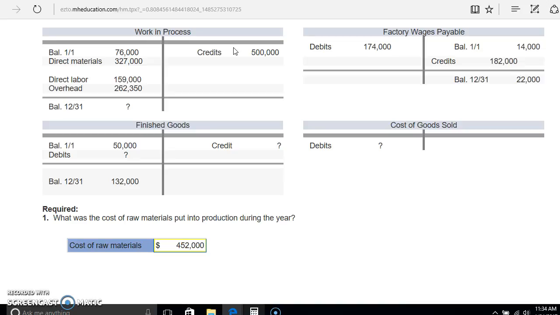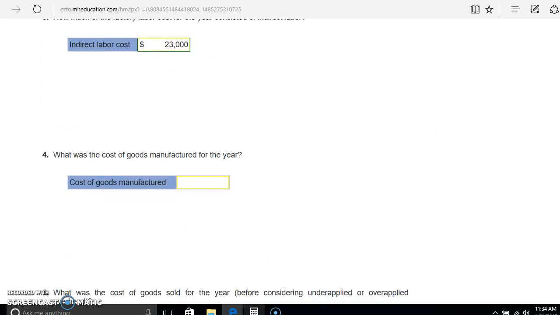Well, it's mostly direct materials and direct labor, went from in process to finished. So $500,000 worth of direct materials and direct labor went into finished goods. So that's our cost of goods manufactured. I'm going to put that in there.